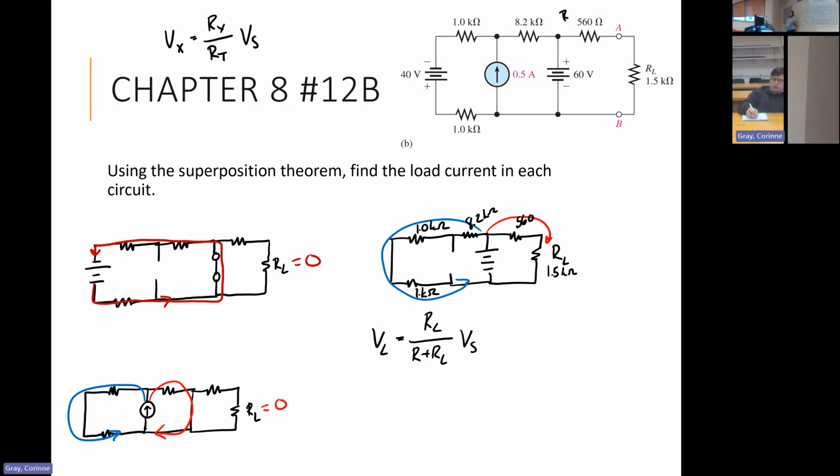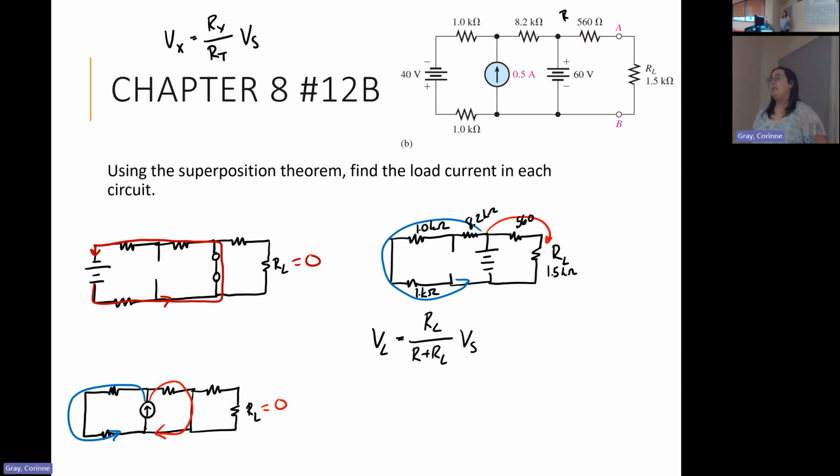Do I need to worry about converting here? Yes. In this case, because my voltage is given in volts, it is beneficial to have everything in ohms as opposed to kilo ohms.